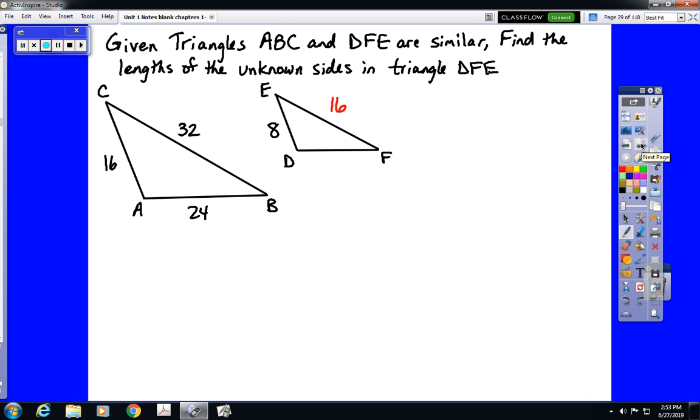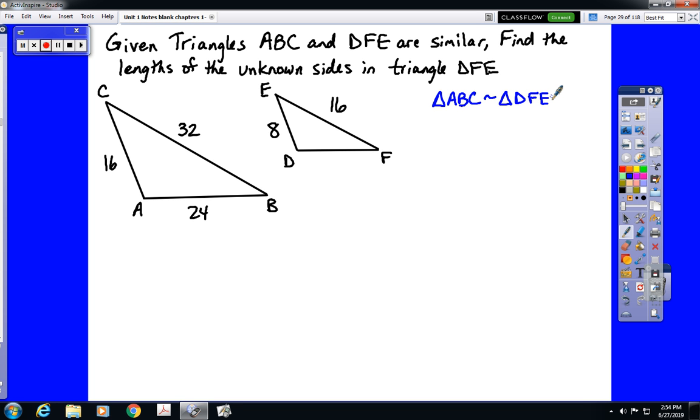Okay, similarly, here we have triangle ABC is similar to triangle DFE. That's given in the directions. So let's write out a similarity statement. ABC is similar to triangle DFE.